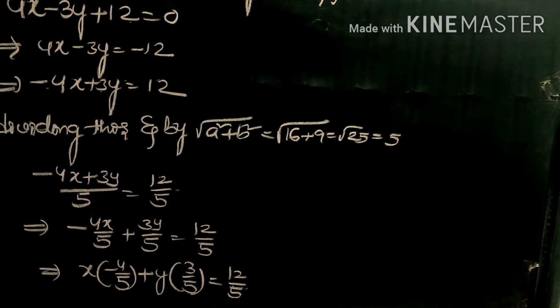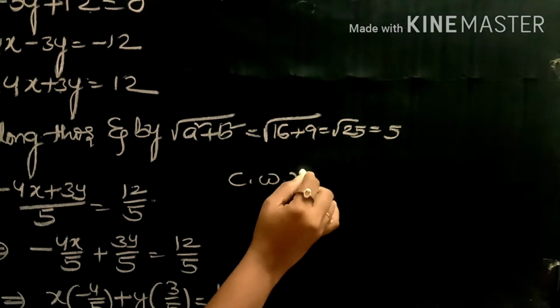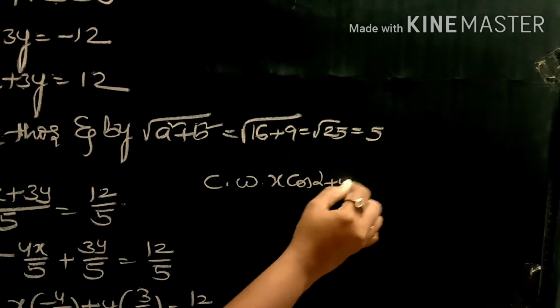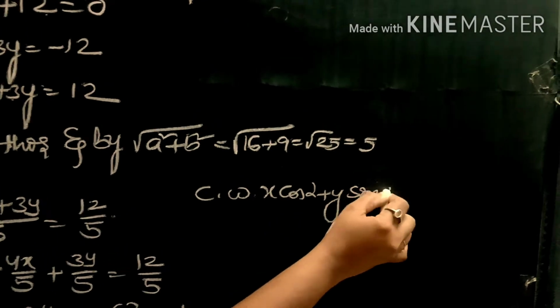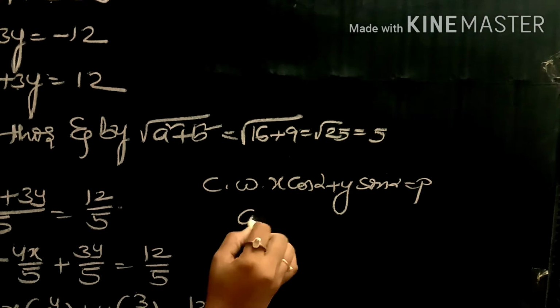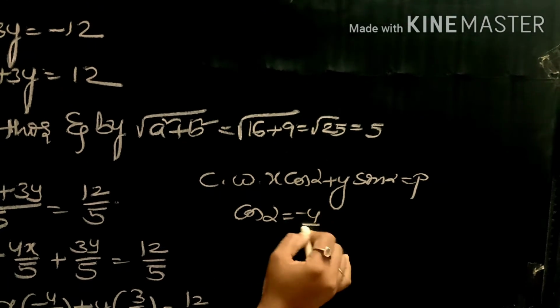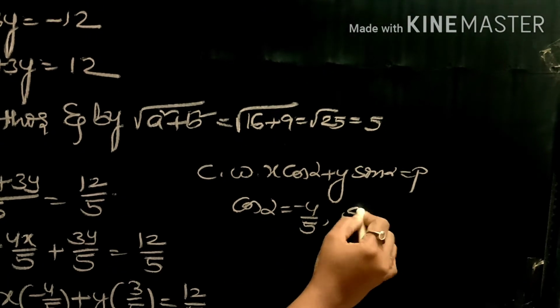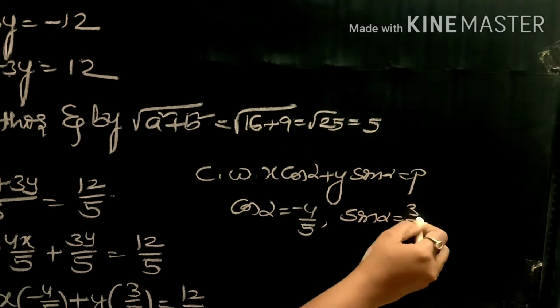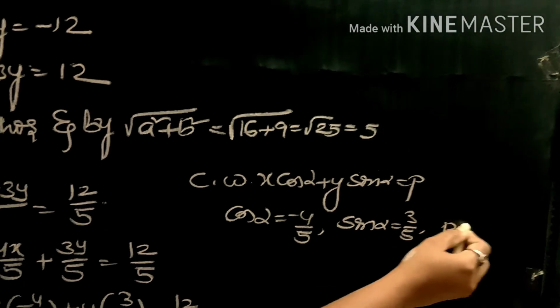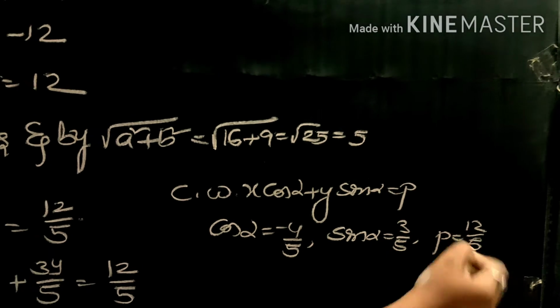Now comparing this equation with x cos alpha plus y sin alpha is equal to p, then cos alpha is equal to minus 4 by 5 and sin alpha is equal to 3 by 5 and the value of p is equal to 12 by 5.